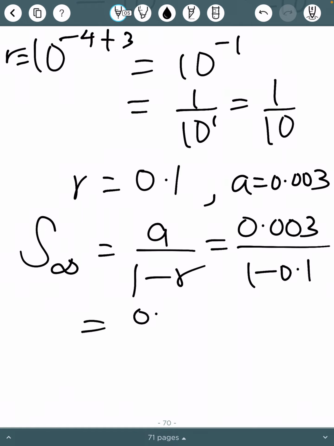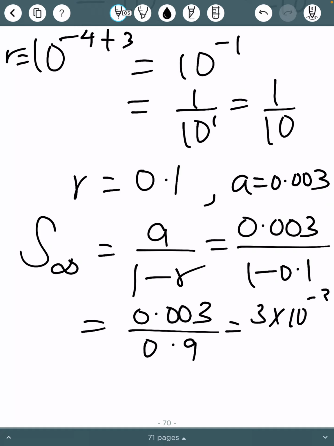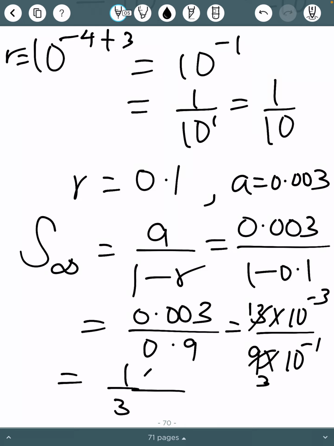So that gives me 0.003 divided by 0.9. So that gives me 3 times 10 raised to the power minus 3 over 9 times 10 raised to the power minus 1. 3 here 1, 3 here 3.